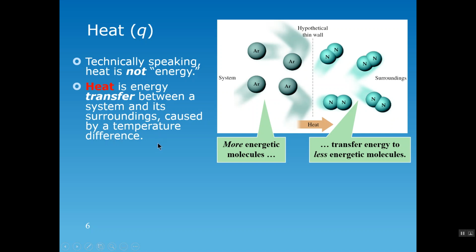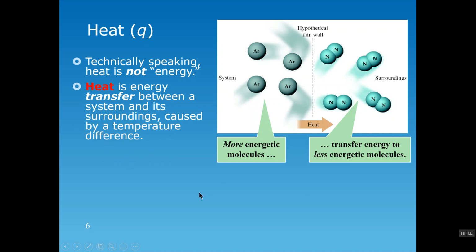So if you have two objects that are at different temperatures, one is at a higher temperature than the other, and they're connected somehow, then basically what you'll have spontaneously, without anything being done to it, is the heat energy moving from the hotter object to the cooler object, right? So that energy flow is the heat flow because of the temperature difference, right? So that's what heat is. Heat is the energy transfer that occurs between a system and surroundings caused by a temperature difference.